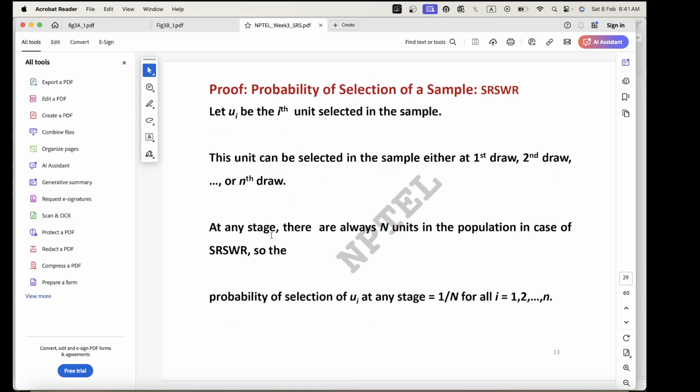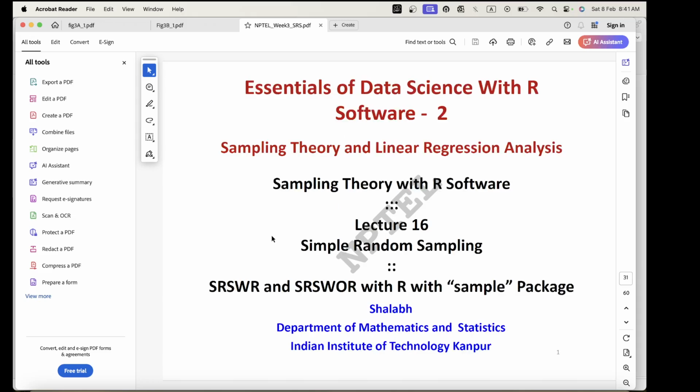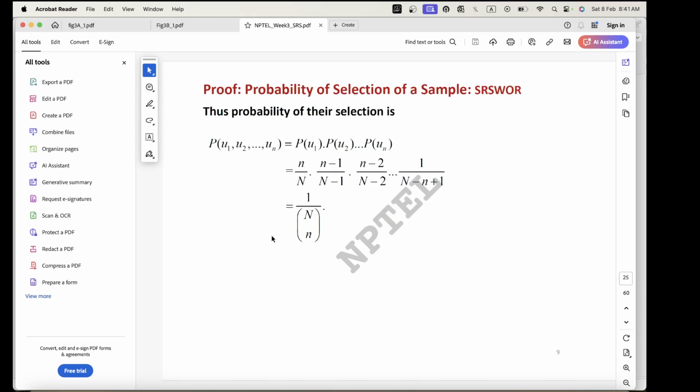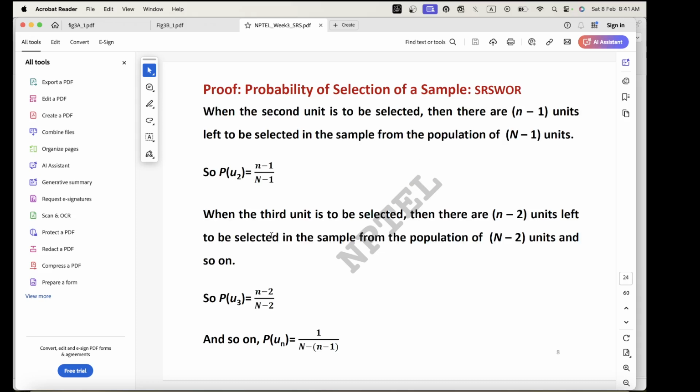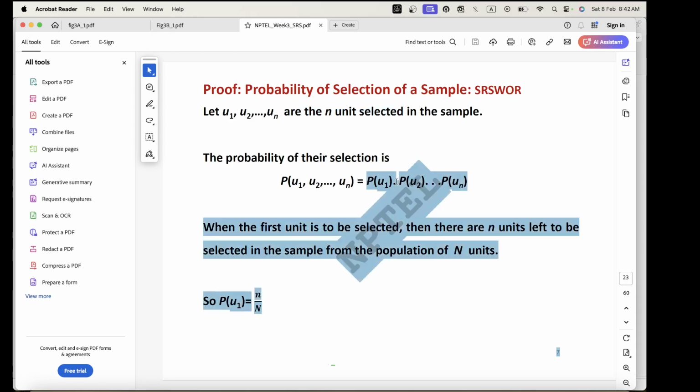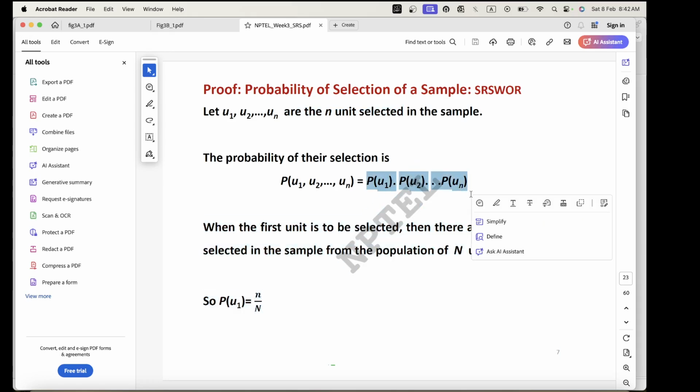Probability of selection of a sample. So there are n units. Probability of selection is P1 to Pn.